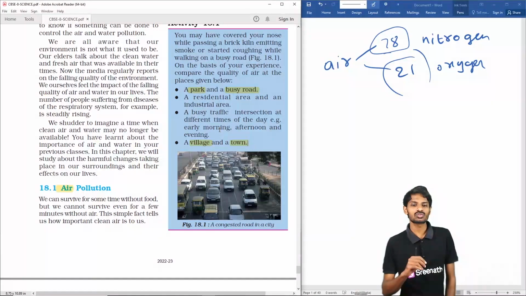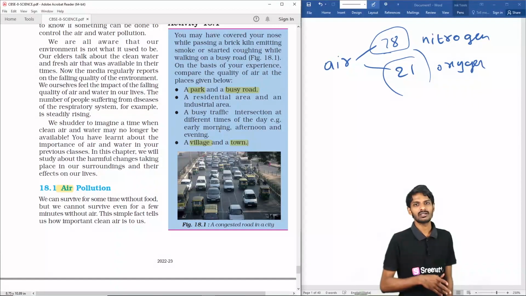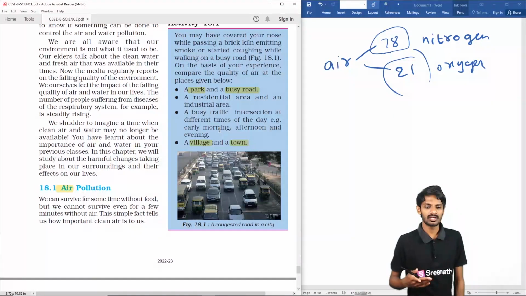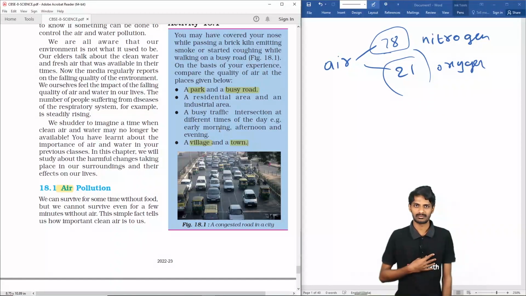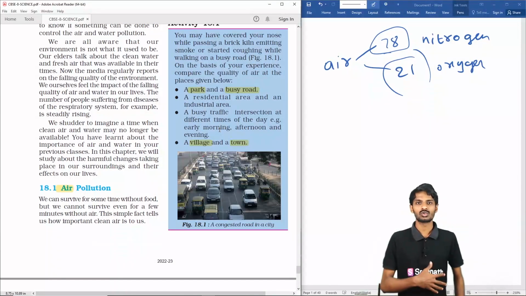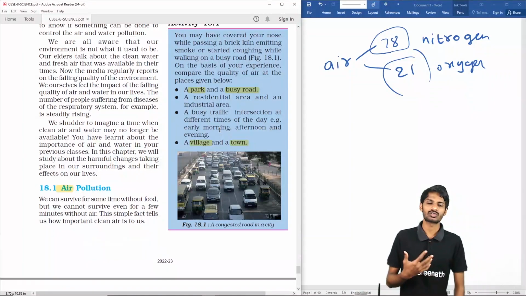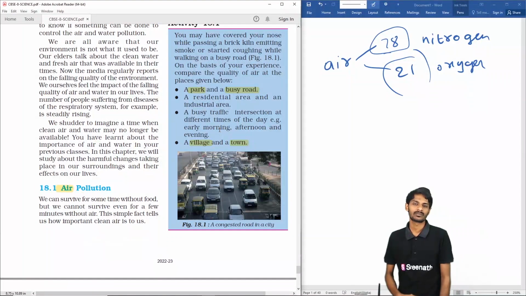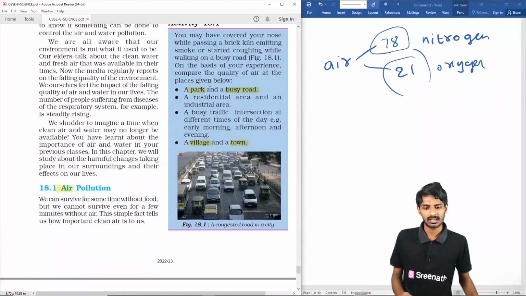In all these situations, in which area will you feel more comfort, more pleasure to your nose, or to your whole body? In the parks or in the residential areas or in the villages, you will feel more comfort.